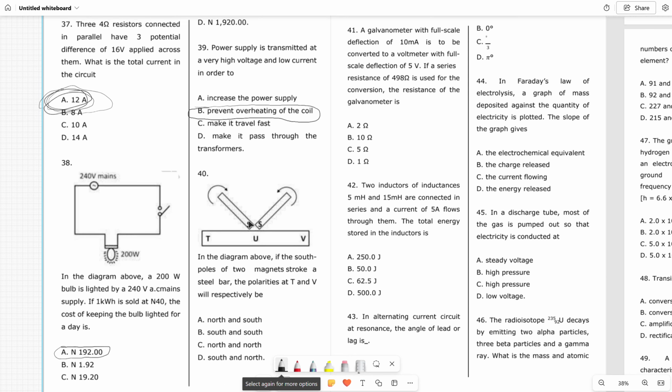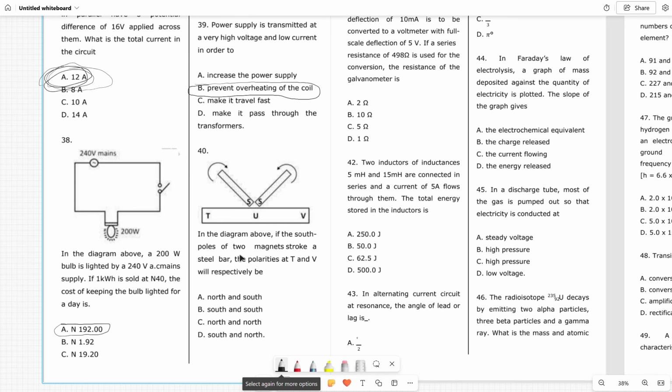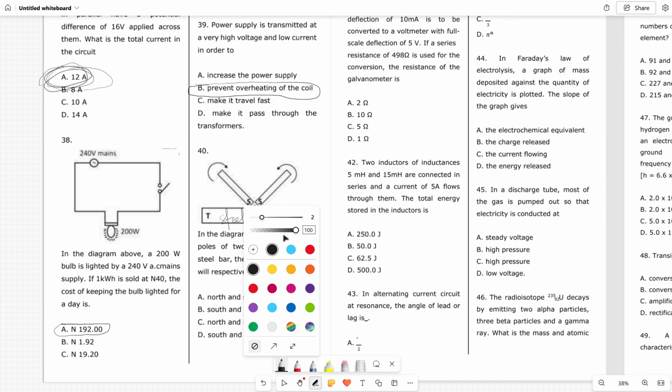Also, we're going now to question 40. In the diagram above, if the south poles of two magnets stroke a steel bar, the polarities at T and V will respectively be. So here you have magnets. This is a steel bar. The magnets are used to stroke this steel bar at this point U, as you can see here.